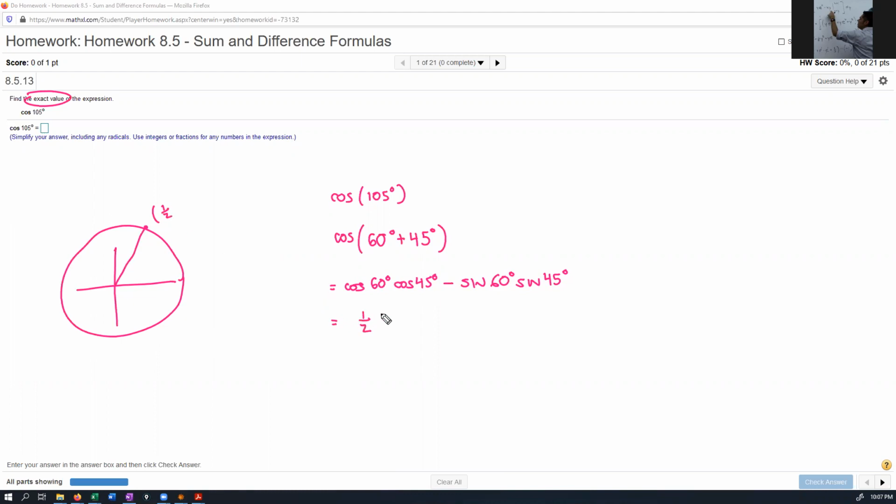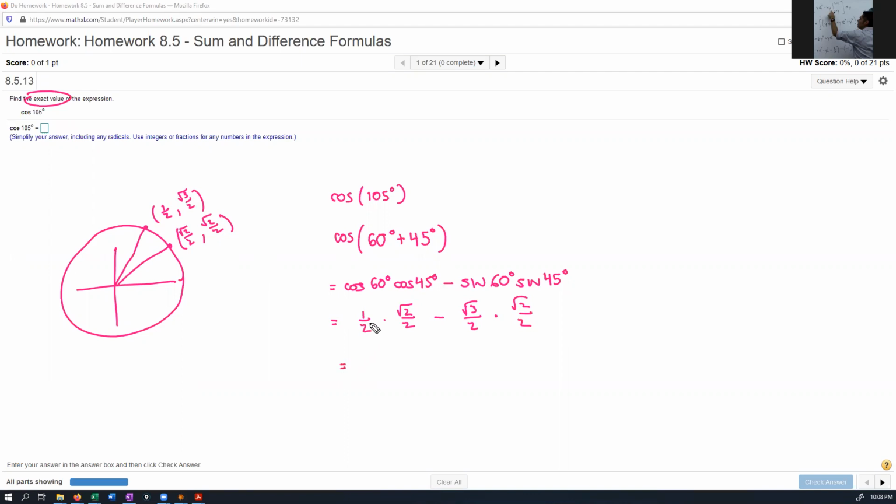Cosine of 45 degrees, the x coordinate here, is √2/2. So this is 1/2 times √2/2, minus sine of 60 degrees, which is the y coordinate, √3/2, times sine of 45, the y coordinate here, which is √2/2.